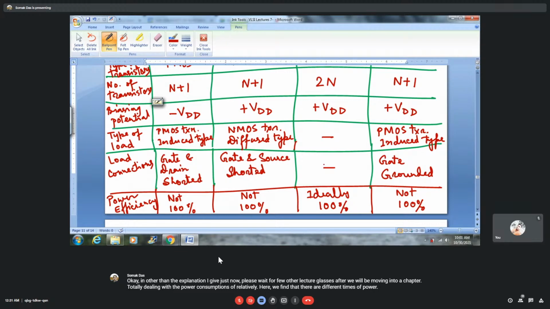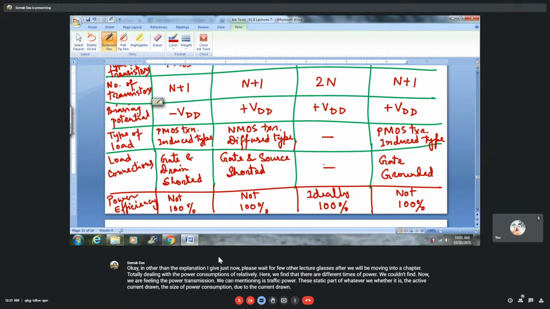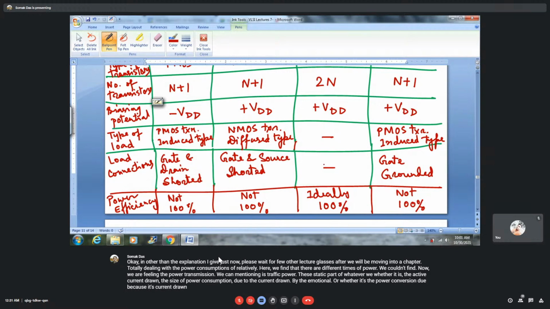Now we are dealing with what I am mentioning as static power consumption. Whether it is the power consumption due to the active current drawn by the circuit, which is for the PMOS and NMOS circuits or pseudo NMOS circuit, or whether it's the power consumption due to the leakage current drawn by the circuit, each of these power consumptions falls into the domain of static power consumption.